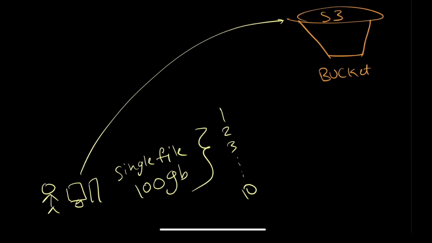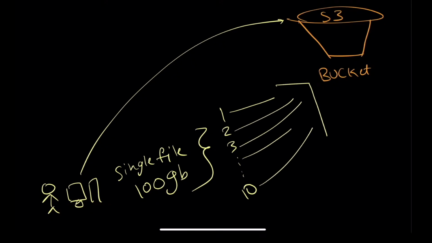Guys, we do have API calls. Right now that facility is not available from the management console, but if you're using API calls, you can definitely do that. We have a facility through the API which can perform the job. Now, once you have these 10 different parts, all 10 parts can be uploaded to the bucket simultaneously, a parallel upload.